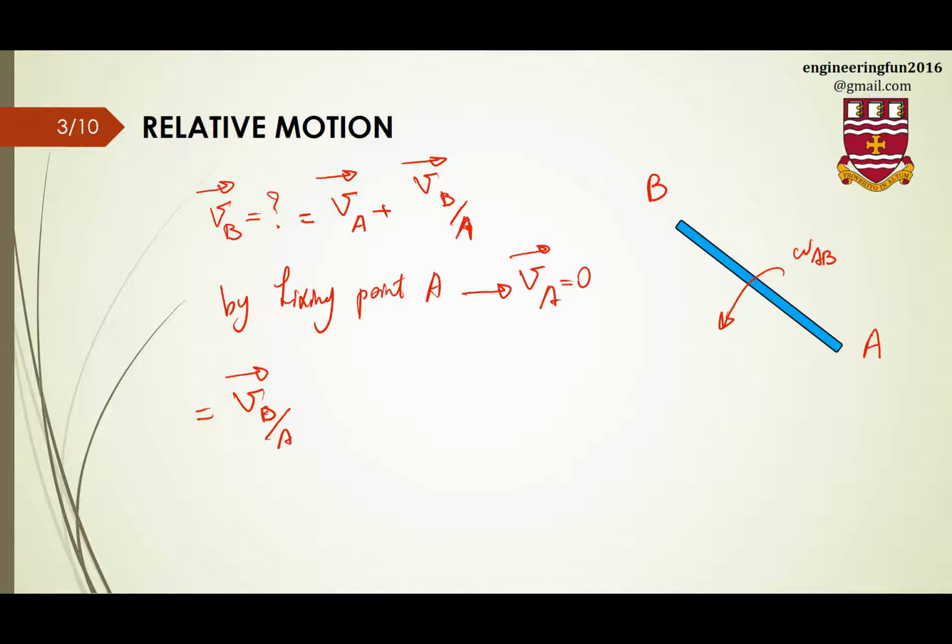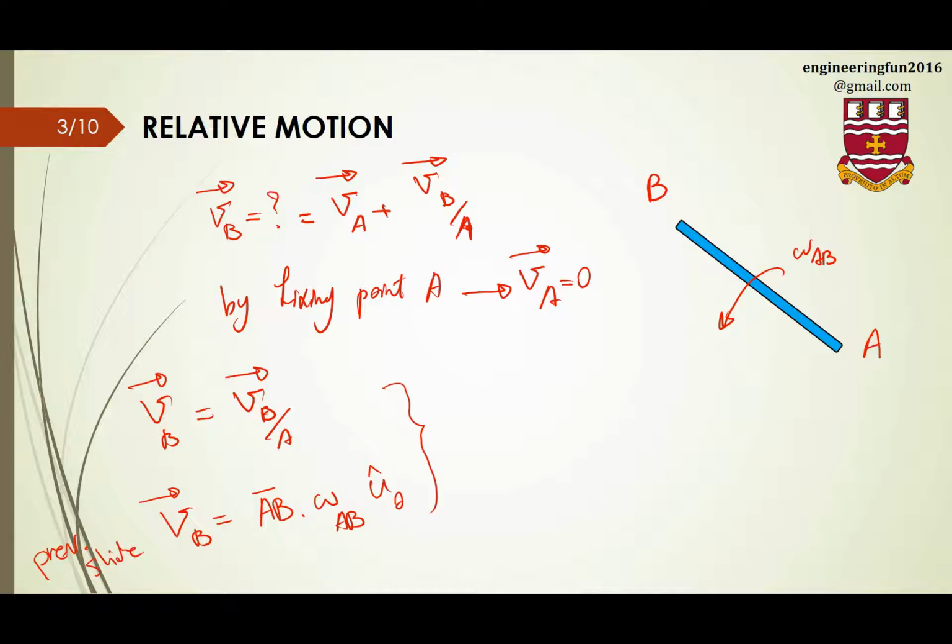And from the left side we have velocity of B. In the previous slide we found that the velocity of B is the length of the rod AB times the angular velocity omega AB, and in theta direction. Okay, so this is from the previous slide.